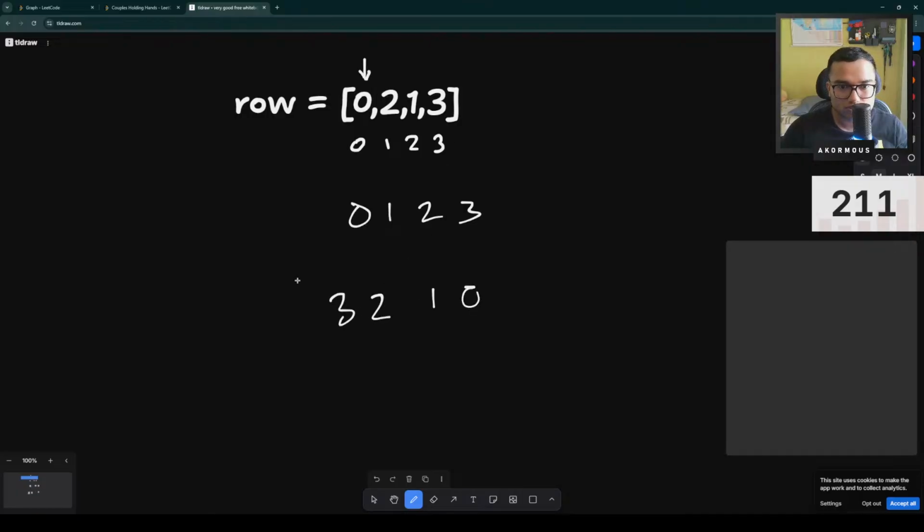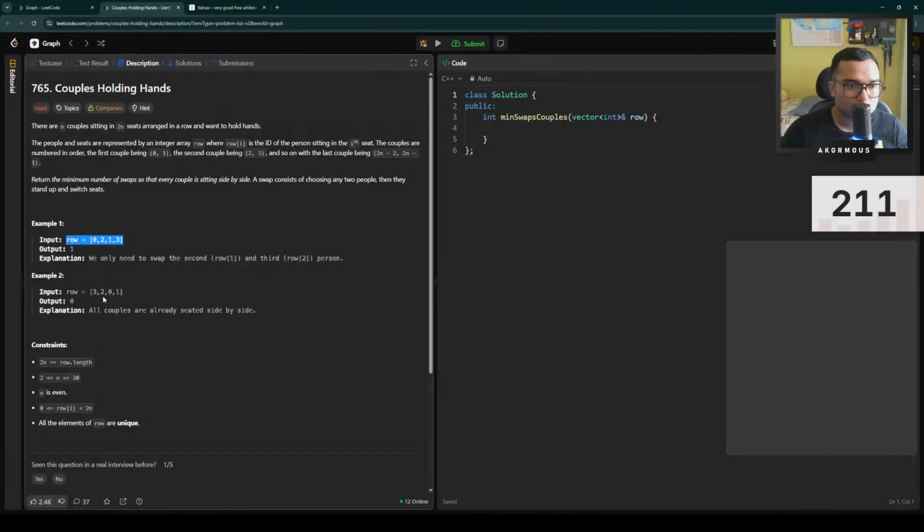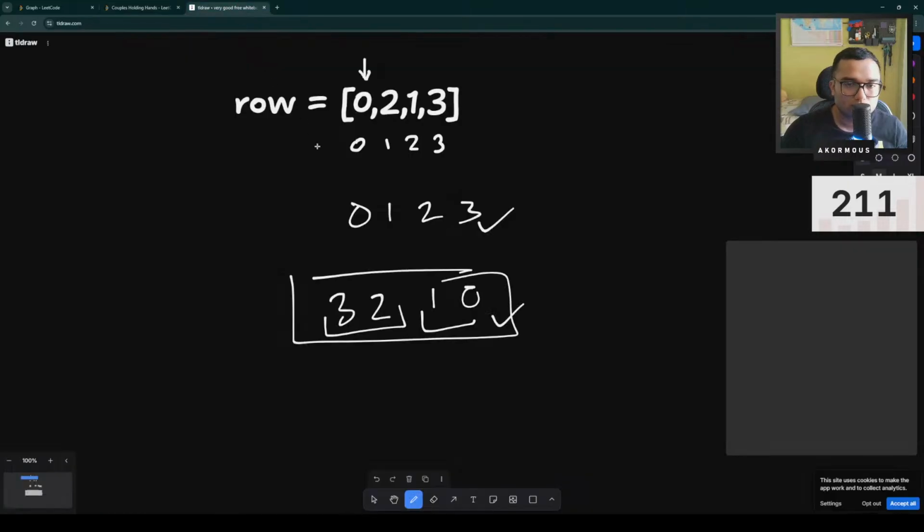This is also a valid answer, right? Both are valid because 3 2 are a couple, these two are a couple, right? 3 2 0 1. Yes. So only one switch is needed. Okay. So I have two options here.